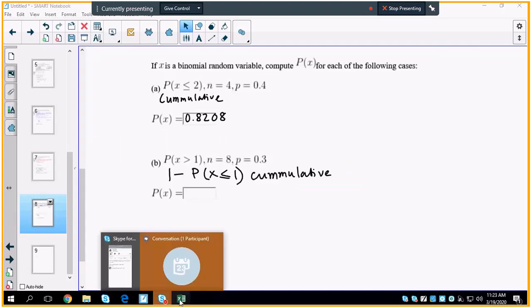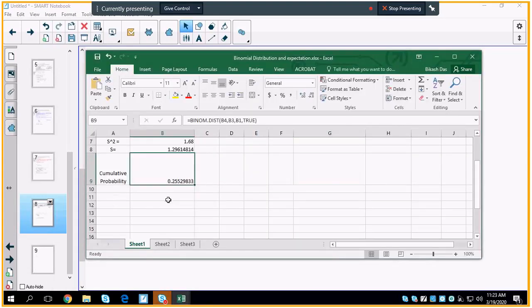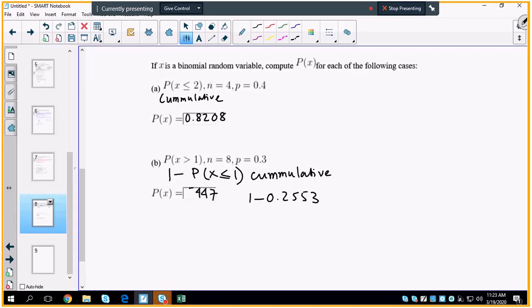So we first find the cumulative probability, and that rounded to 4 decimal places is 0.2553, and subtract it from 1. So 1 minus 0.2553, which is going to be 0.7447. So 0.7447 is your final answer to the question.